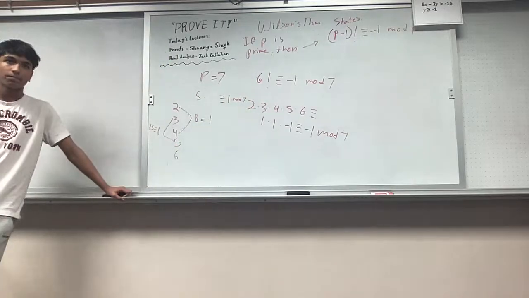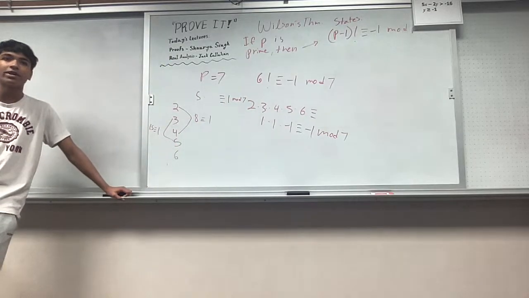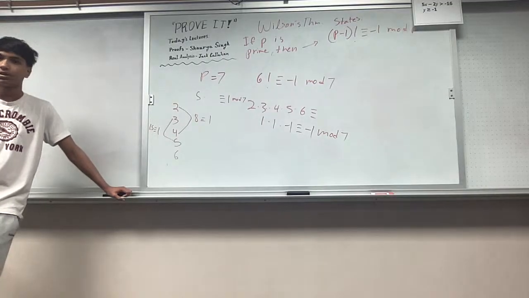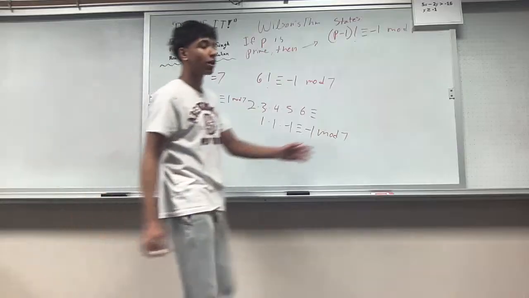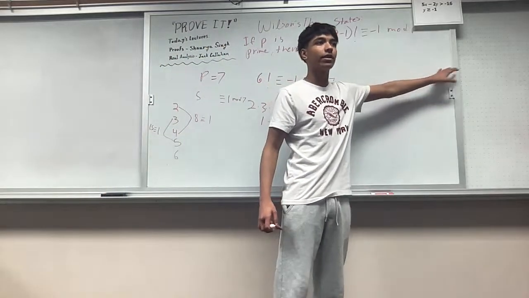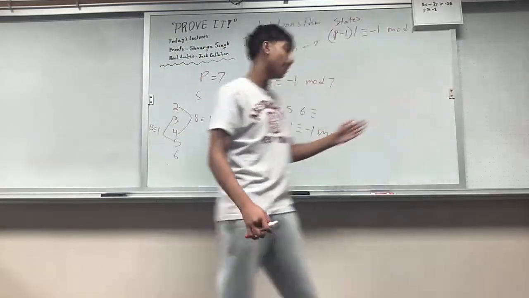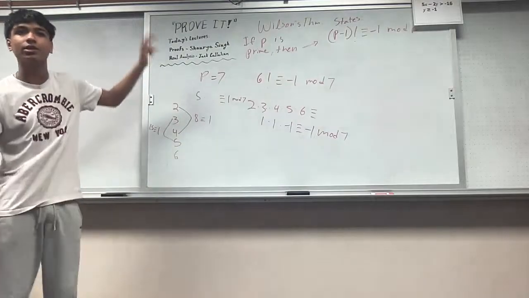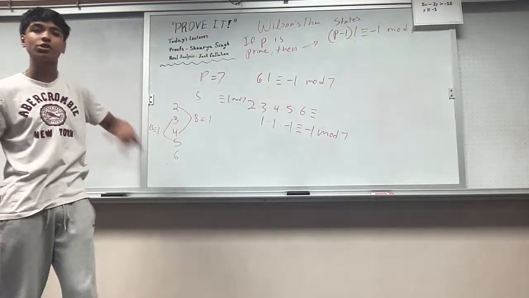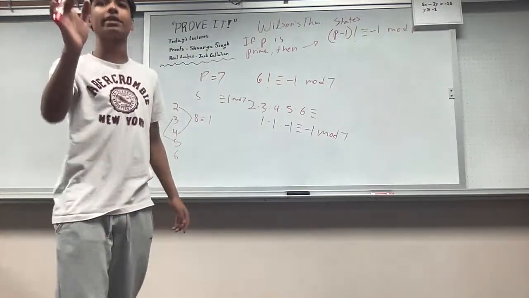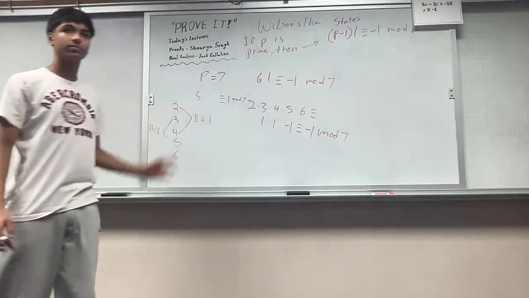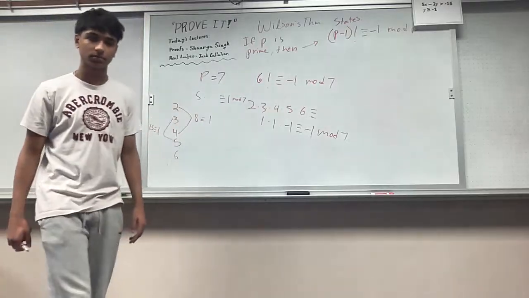Does that number ever have to exceed 7? No. Why? Because we just showed that all of those numbers can be written from 1 to n minus 1, and n minus 1 is 6. So you have everything you need in this set. I'm trying to show you that you can always find an inverse in this set.